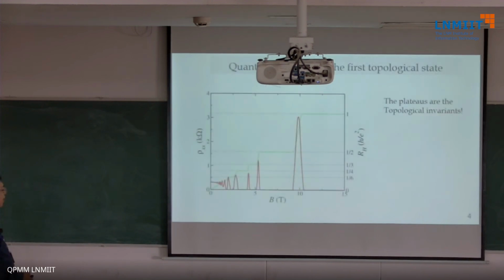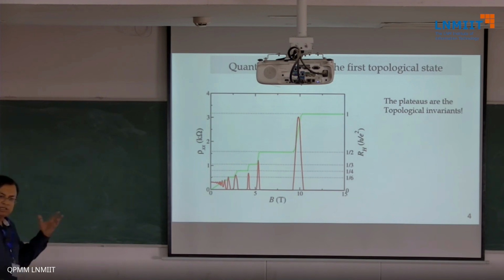And if you look at the longitudinal plateaus, they show that the system is undergoing a series of transitions from a metallic state to an insulating state, and back to a metallic state, back to an insulating state. So wherever there is a jump in the resistivity, that's an insulating state, and when there is no resistivity, that's a metallic state. So, metal insulator transition, and no other system shows this.